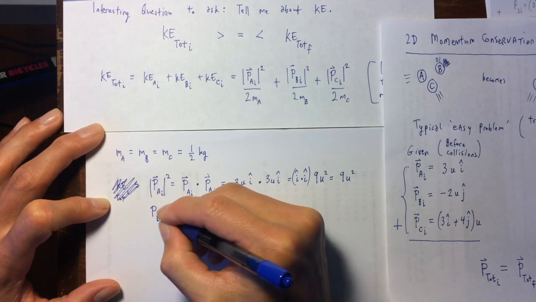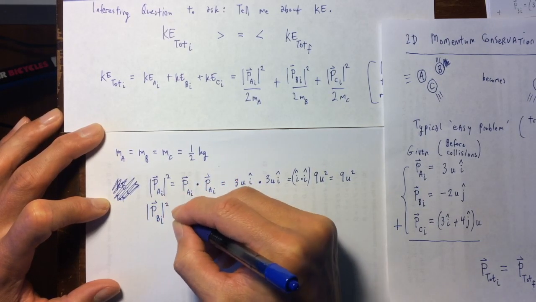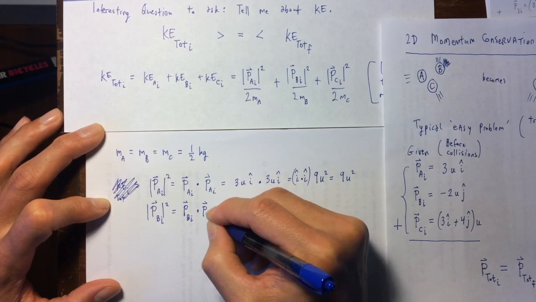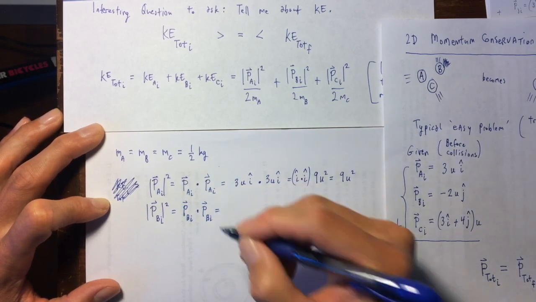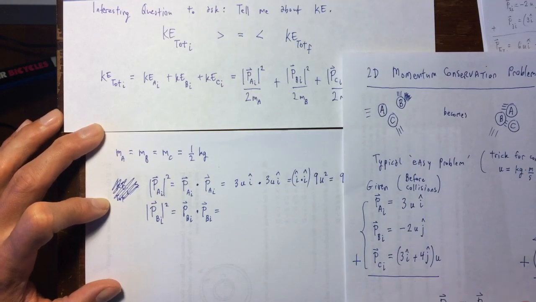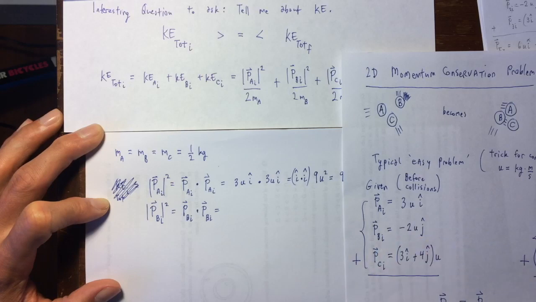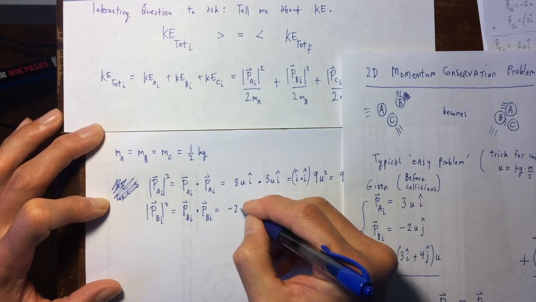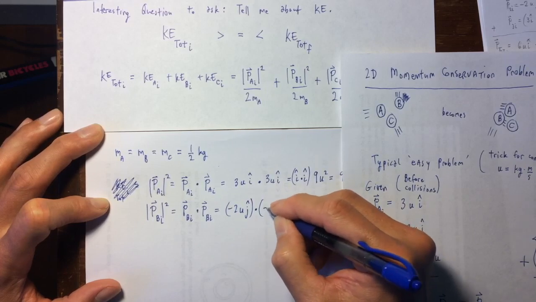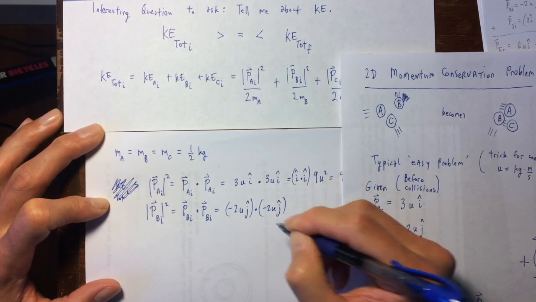p sub Bi squared equals p sub Bi dot p sub Bi equals, so p sub Bi is here, minus 2u j hat, so minus 2u j hat, vector dot product with minus 2u j hat.